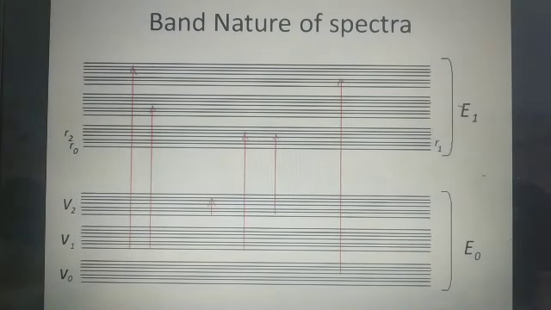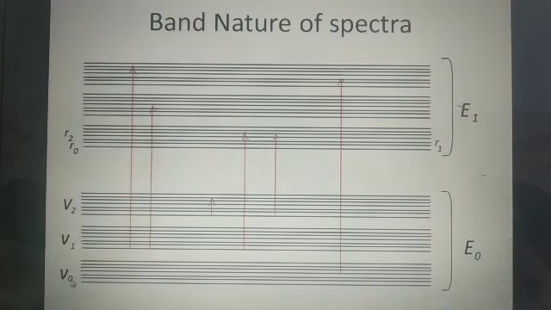This we have already discussed, but reminding again: whenever there is a transition from one energy level to another energy level, this is the ground state E0 and that is the first energy level here. Each electronic energy level is composed of various vibrational levels.